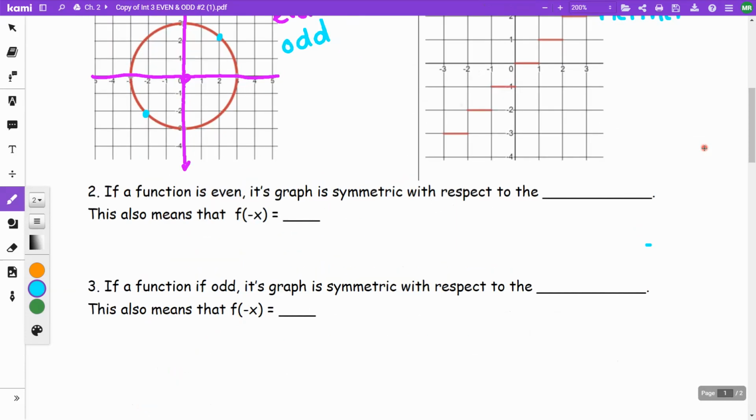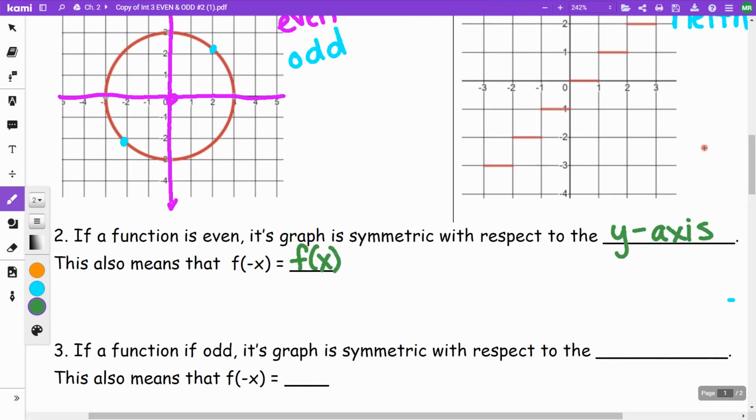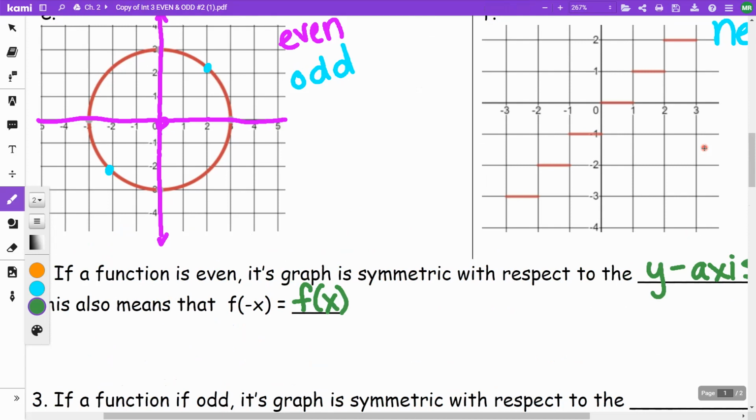On 2, this is just a review. If a function is even, its graph is symmetric with respect to the y-axis. This also means that f of negative x equals f of x. Basically, whatever I get for a positive value, I'm getting the same height for the negative one.